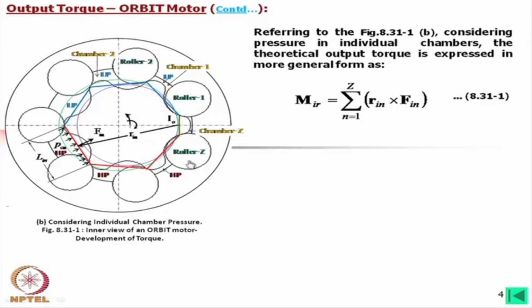So, force will be at the middle of that and then that multiplied by this distance. Say this is a typical one shown here, only one chamber, I have shown the pressure being distributed like this.